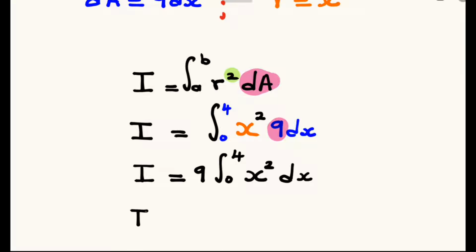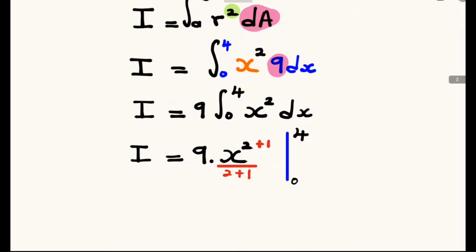Now we can integrate, and our I will be equal 9 multiplied by the integral of x squared, which will be x squared, but we add 1 to the exponent of the x, and we divide by the new exponent, the 2 plus 1, and we have our bounds as equal 0 to 4.